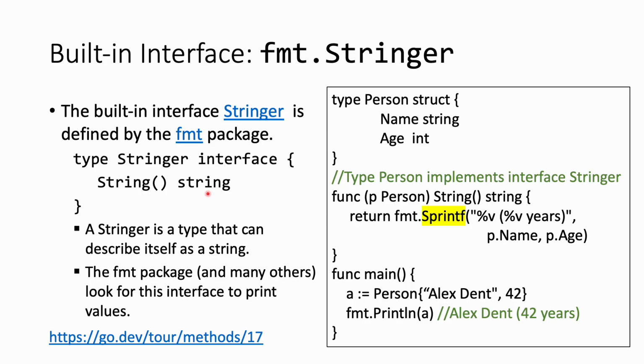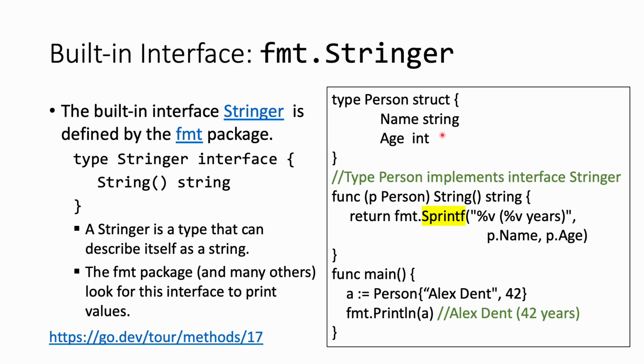It consists of only one method named String with the capital S. This method takes no argument and returns a string. A Stringer is a type that can describe itself as a string. The fmt package and many other packages look for this interface to print values.